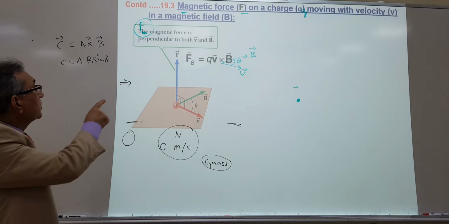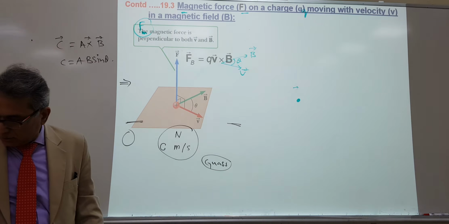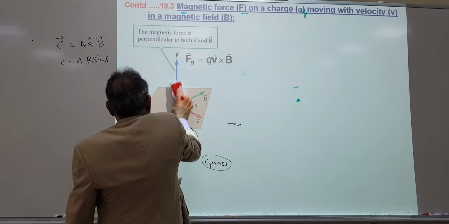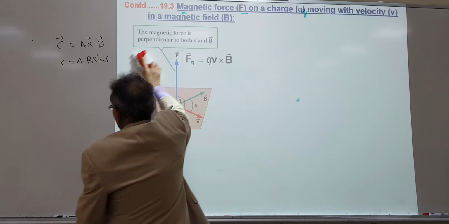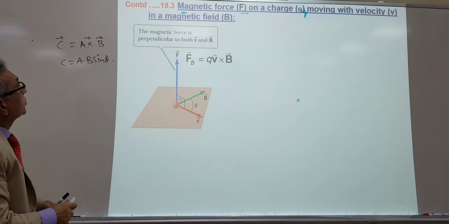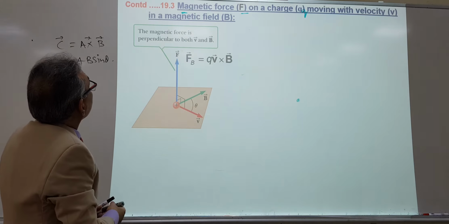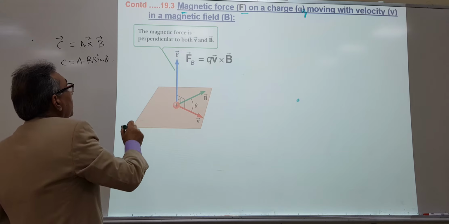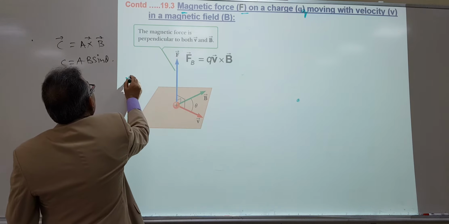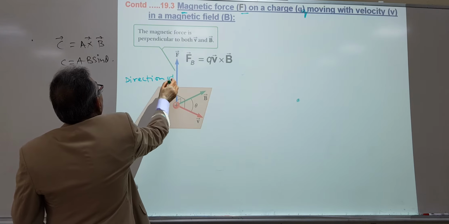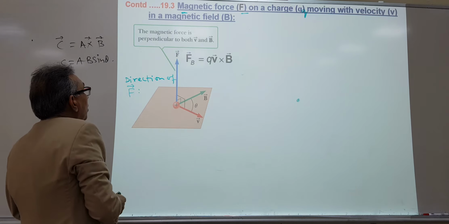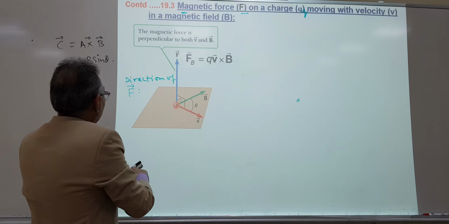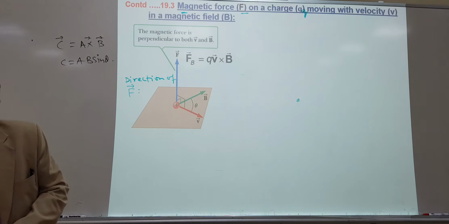Now, that was the magnitude of the magnetic force on a charge. Keep in mind, this force is for a positive charge. Okay. Now, for the direction of force on the charge, keep in mind this right hand rule, we call it right hand rule number 1.